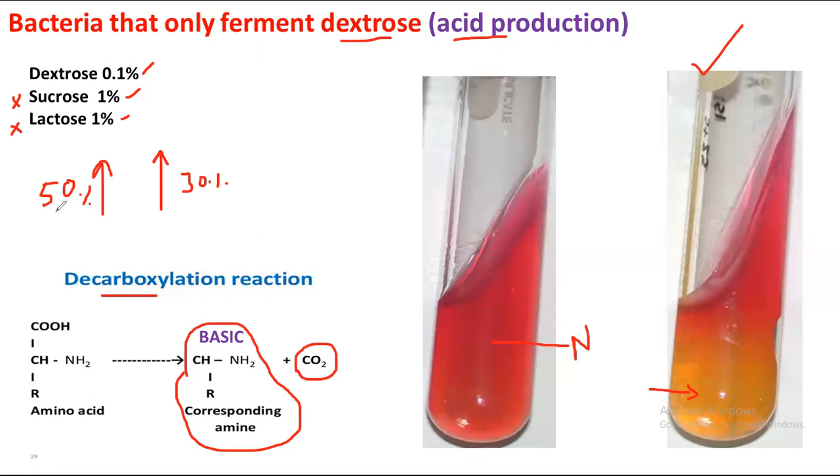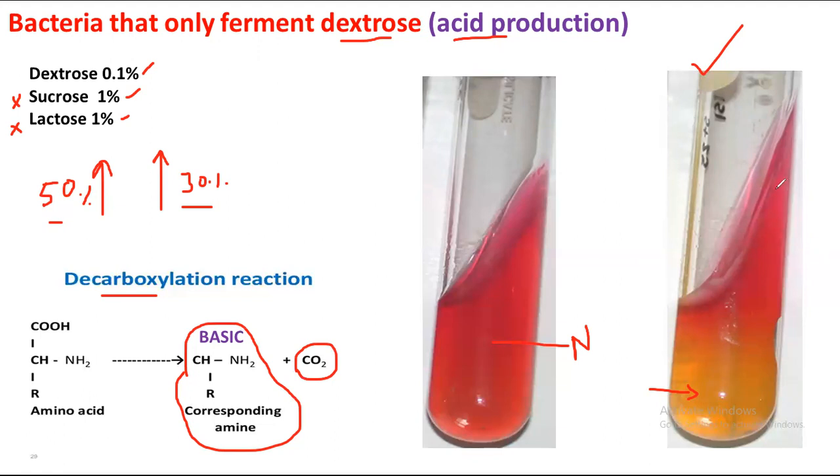So these two compounds neutralize each other, although the concentration of acid is a bit higher. That's why a pale yellow color is here, not a bright color. If it was bright, it would mean, like the first case, that it had completely fermented all the sugars. But here is a pale yellow color, just because the amine is continuously neutralizing the acid.